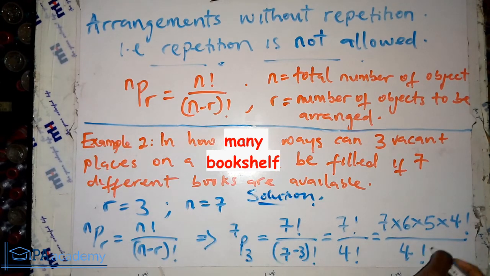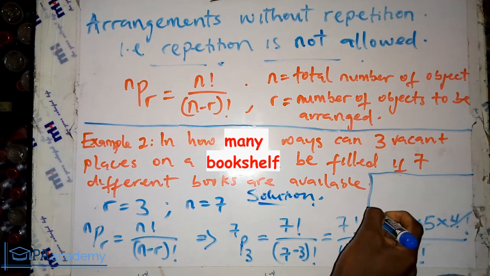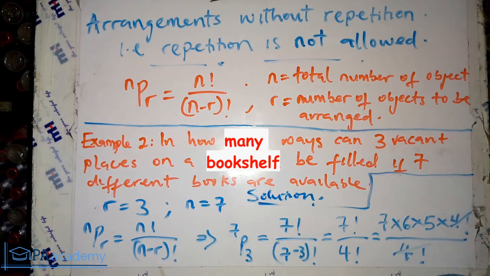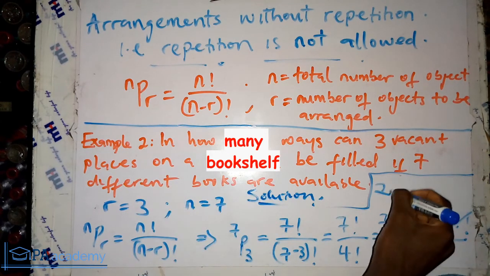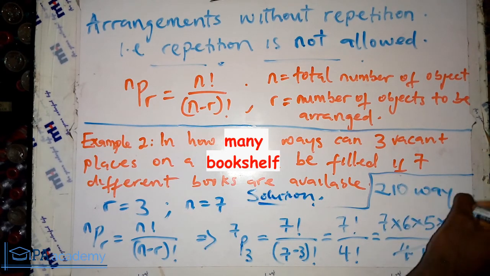At this junction, 4 factorial can cancel out 4 factorial. I believe by now you should know why I stopped at 4 factorial: because in the denominator we are having 4 factorial, so they can cancel out. If you multiply 7 times 6 times 5, that's 210. So the answer to example 2 is 210 ways.